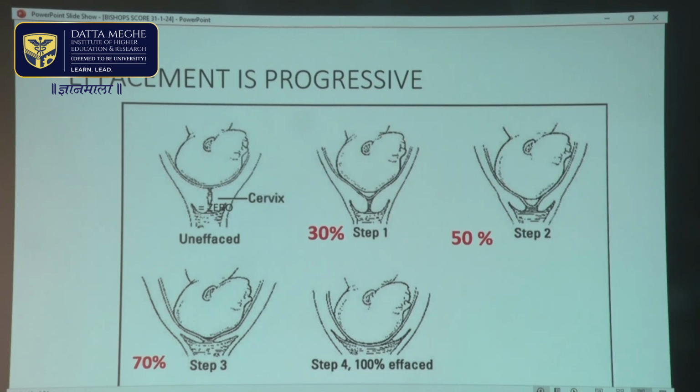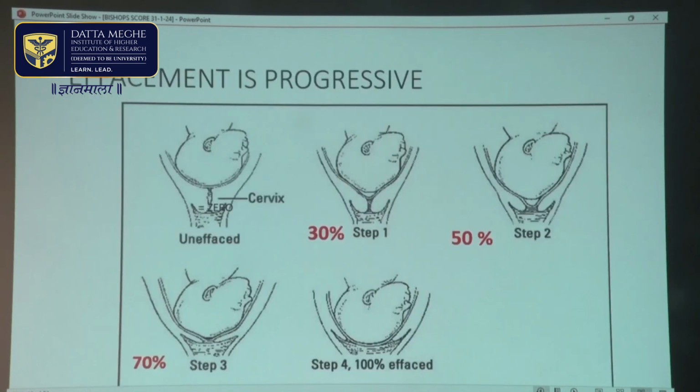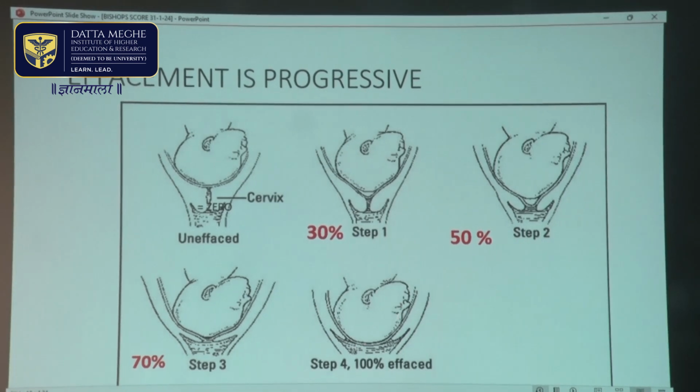Next, there is 25 to 30% effacement of the cervix. This is how the cervix gets stretched at the internal os. Next scoring is 50%, meaning 50% length of the cervix is felt on PV, and 50% is taken over, stretched to form the lower uterine segment.